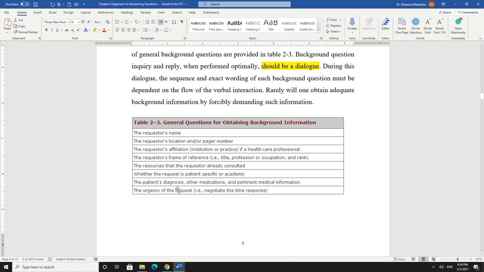What is the patient diagnosis, is there any lab test results, medication being used, anything else, and how urgent is the request. And you might negotiate, you should determine how much time you need to respond and see whether it agrees with the requester's stated deadline.